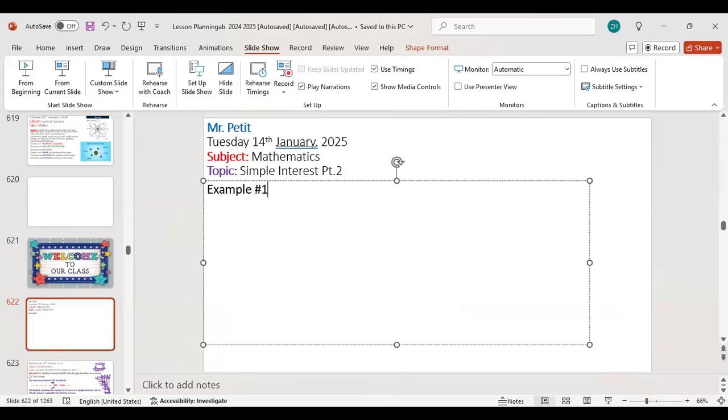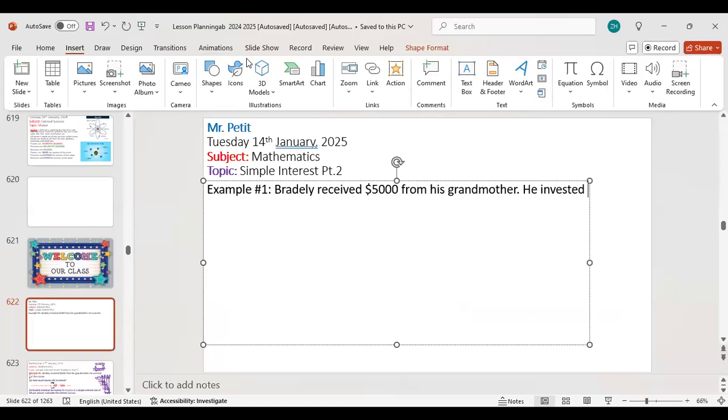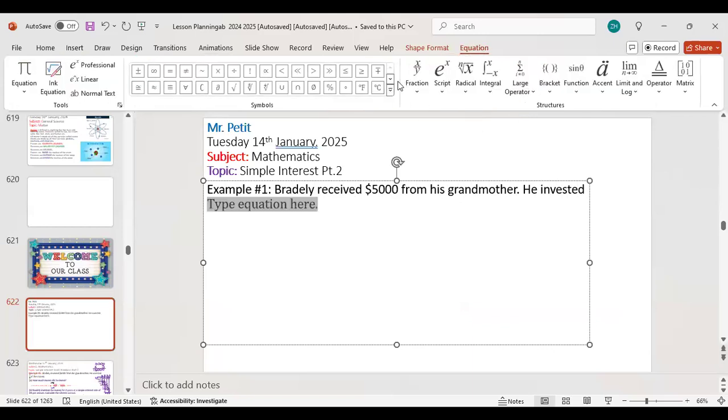Example number 1: Bradley received $5,000 from his grandmother. He invested 3/4 of the money.